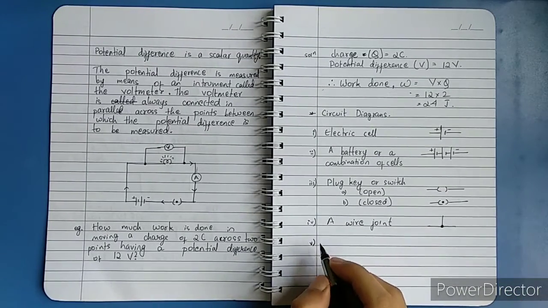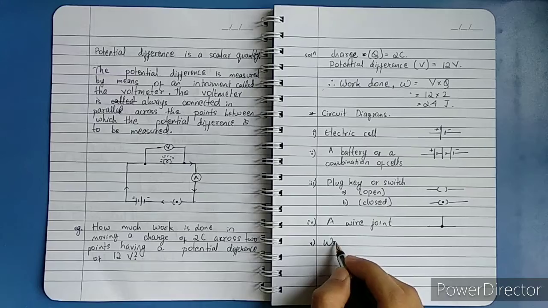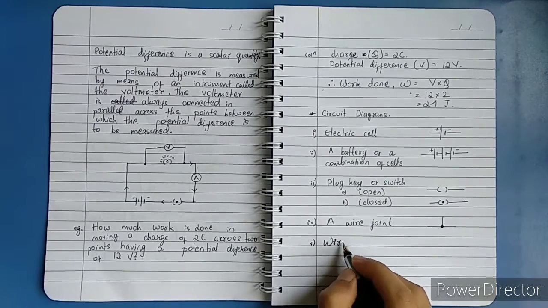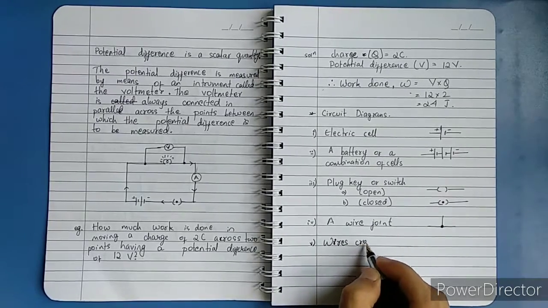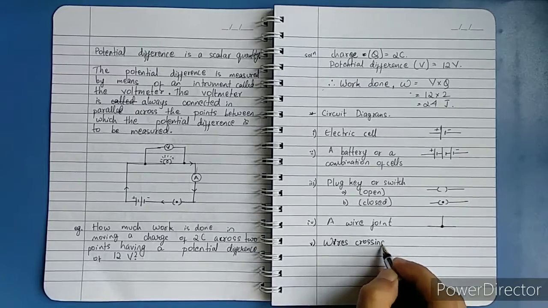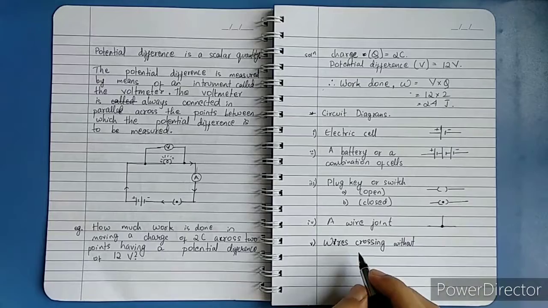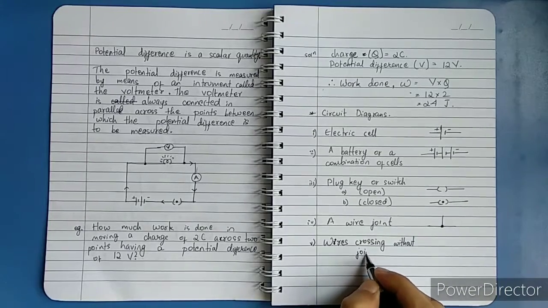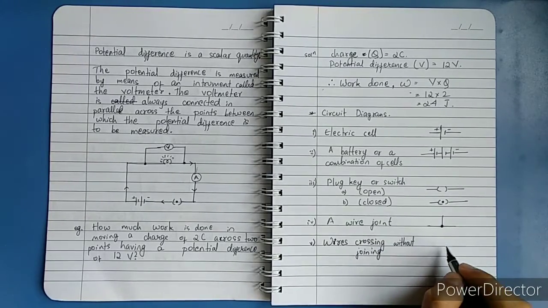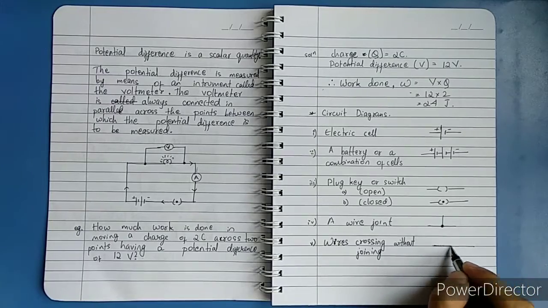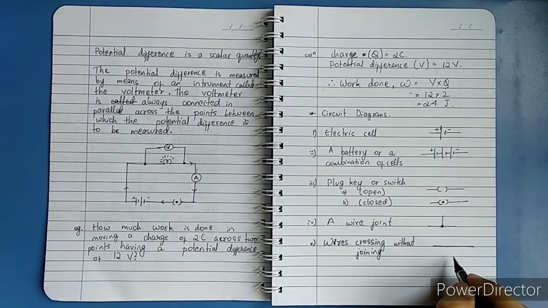Number 5, wires crossing without joining. Suppose here a wire is going and from up there is a wire going.